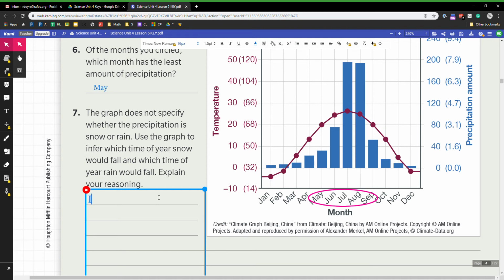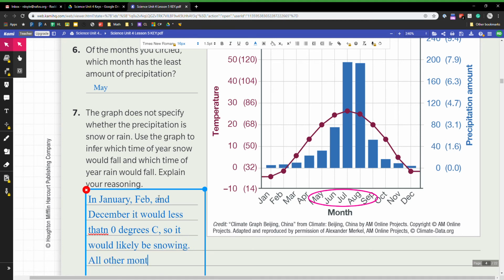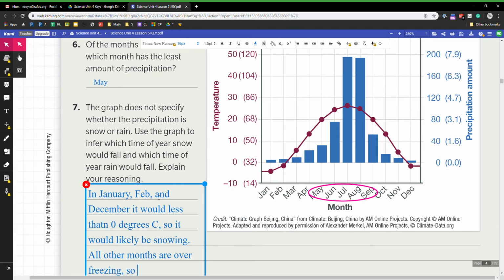So in January, February, and December the temperature would be less than 0 degrees Celsius, so it would likely be snowing. Other months are over freezing, so it would likely be rain.